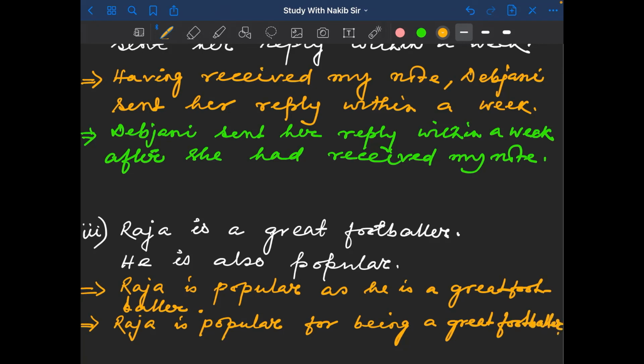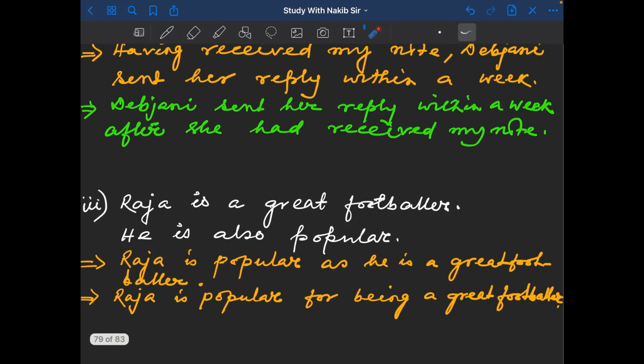For being a great footballer. Okay, so you may combine these two sentences this way. Raja is popular as he is a great footballer, or this way, Raja is popular for being a great footballer. Or in another way also you can do, Raja is popularly a great footballer.